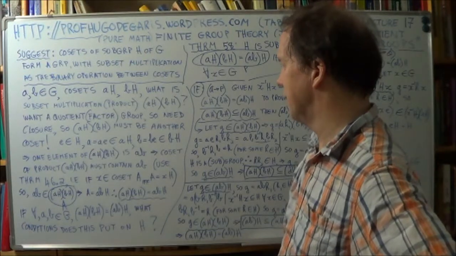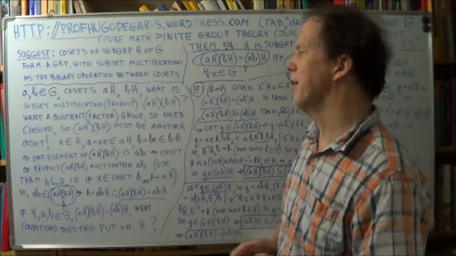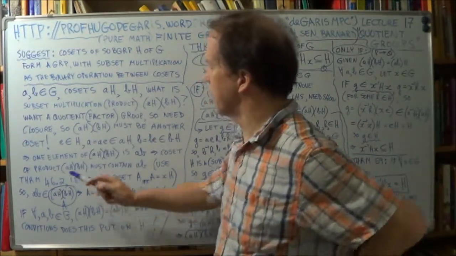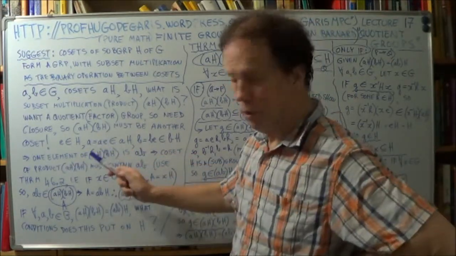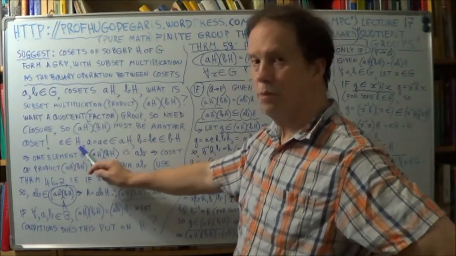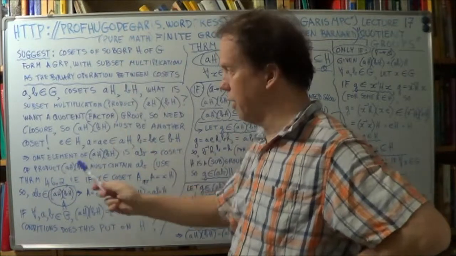Now we can start doing a little bit of analysis, get some clues on what that result might be. The resulting coset, what form might it take? Well, here's a bit of analysis. The unit is a member of H. It has to be. H is a subgroup, and all groups, subgroups, all have a unit, right?